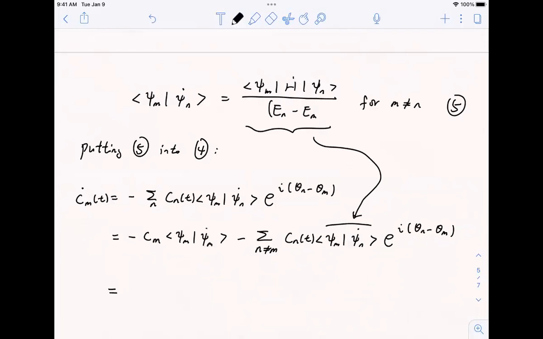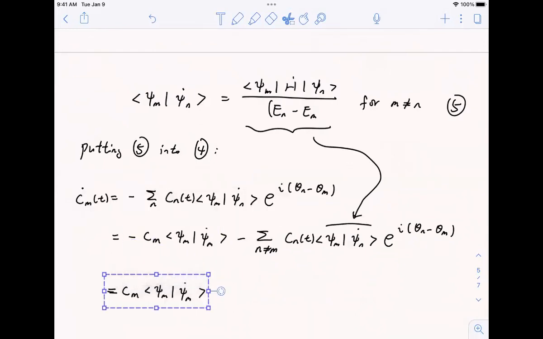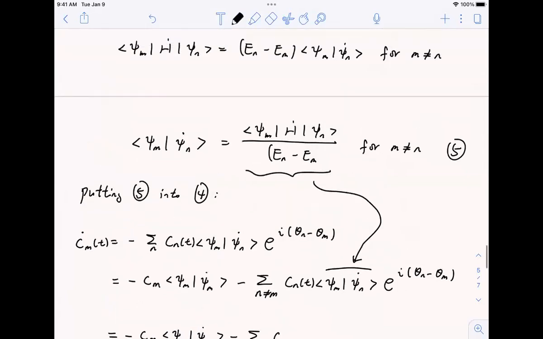Eventually, you will take this part and minus, and then Cn and copy this thing.